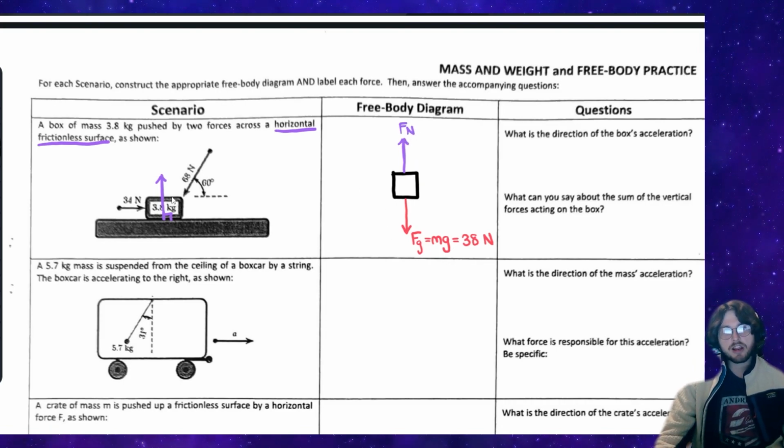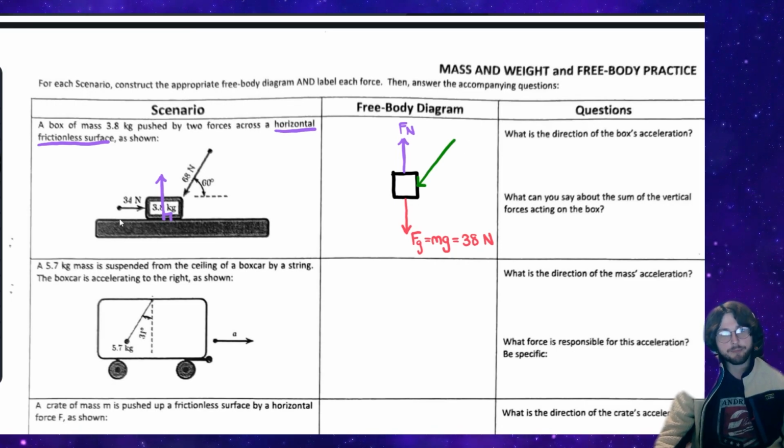Okay. Next we've got this 68 Newton applied force, and that one's at an angle, so I'm going to try my best to sketch that. Ooh, and lest we forget, this force is being applied down and to the left, like that, into the crate.